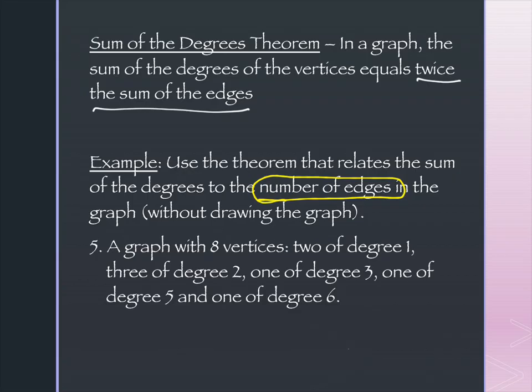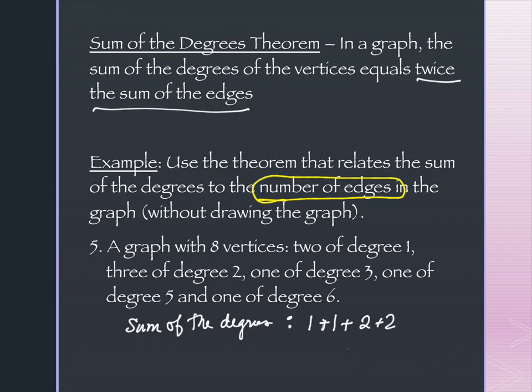Okay, so take a step back then. The first thing we need to get is the total degrees, yeah. So the first thing we're going to do is find the sum of the degrees. And they give us a bunch of points. They have 2 of degree 1, so we have 1 and 1. Then we have 3 of degree 2, so that's 2, 2, and 2.